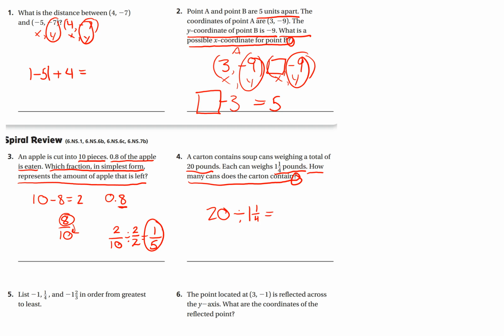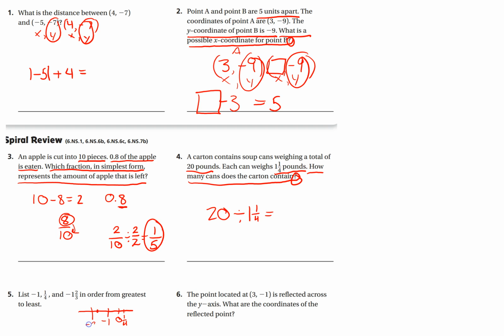Okay, number 5. List -1, 1/4, and -1 2/3 in order from greatest to least. I'm going to make a little number line for myself. Here's 0. 1/4 I know is going to be positive. It's the only positive number, so I know it's going to be the biggest. So really I'm just comparing these two negatives. Well, -1 is going to be here, and then -1 2/3 is going to be past that.